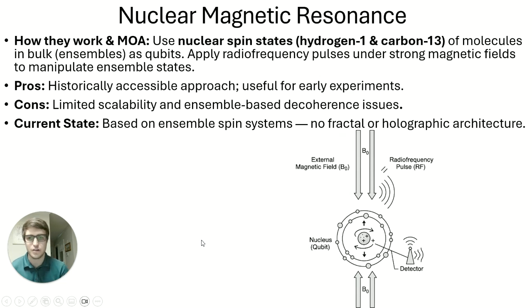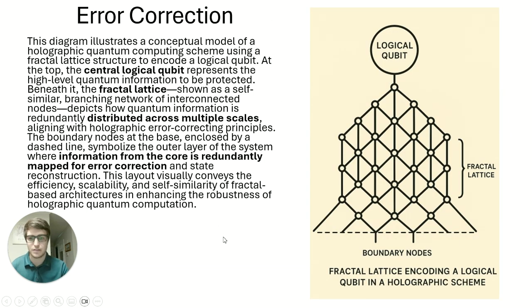So next you have nuclear magnetic resonance, which uses hydrogen 1 or carbon 13, the nuclear spin of those atoms, in order to do quantum computations using nuclear magnetic resonance. And this isn't really scalable, no fractal or holographic architecture, just because of the machine that you have to use to do the radio frequency pulses.